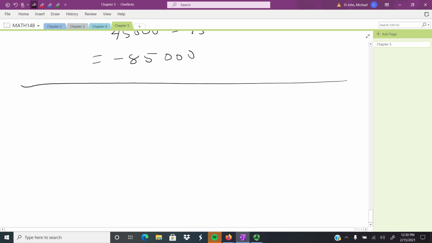And then the last thing here is called average value. This is given by 1 over b minus a, integral a to b of f of x dx.